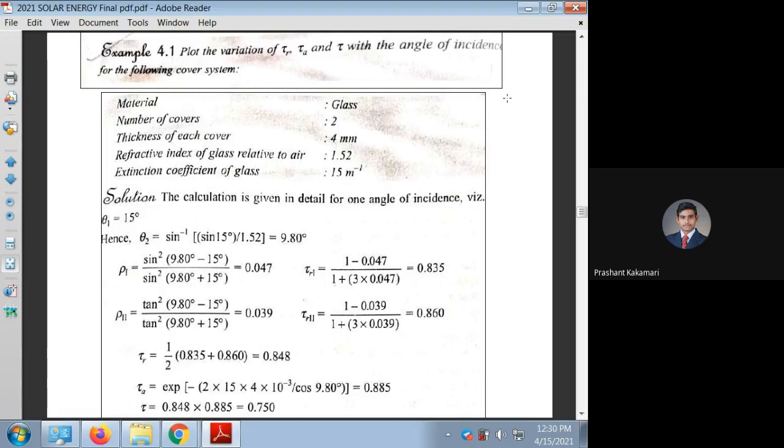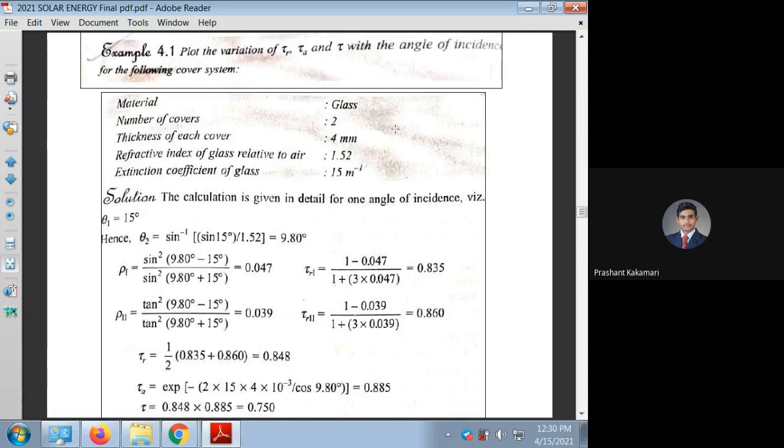Then we need to find out the total transmissivity, the product of transmissivity and absorptivity, tau. Then we have to plot the variations of all three parameters with the angle of incidence. So I think angle of incidence we can take on the x-axis, and all three variables tau r, tau alpha, and tau on the y-axis, and we can plot the graph.